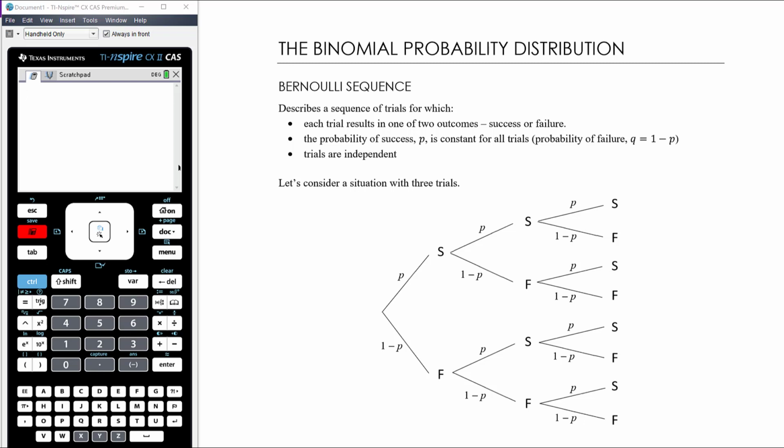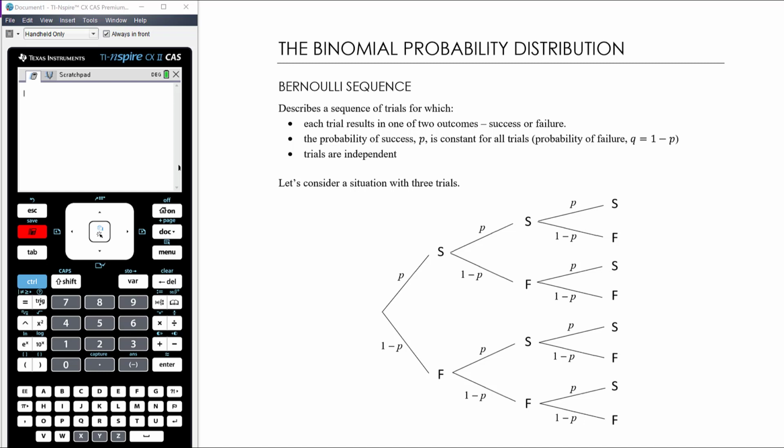If I'm interested in rolling a 6, my success and failure are either I roll a 6 or I don't roll a 6. The probability of rolling a 6 at every trial is the same. It remains 1/6 every time. That's important. If the probability changes from trial to trial, then you don't have a Bernoulli sequence and you won't therefore have a binomial probability distribution.